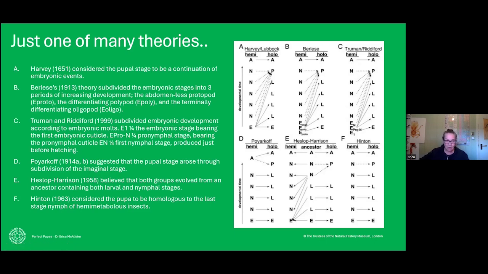So I think we're quite confident we can leave that theory out. And then Hinton in 1963 considered the pupa to be homologous with the last nymphal stage. But most of the evidence is pointing towards the Berlese-Truman-Riddiford embryonic development. There is a lot of work still going on this, and I would suggest that you read Grimaldi's evolution book, as well as some other current papers coming out about it.